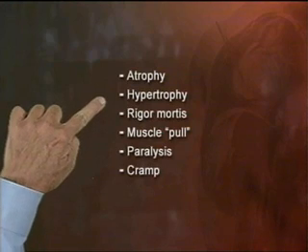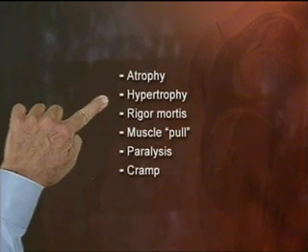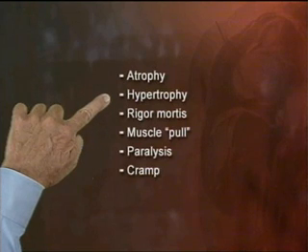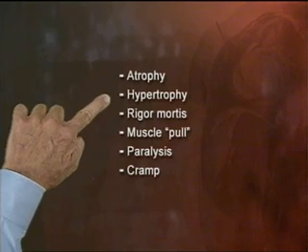Hypertrophy, on the other hand, implies the opposite situation, where an organ gets larger. Hypertrophy can occur due to an increase in the number of cells in some organs. In skeletal muscles, though, hypertrophy does not occur due to cellular increase, but simply the size of individual cells getting larger.